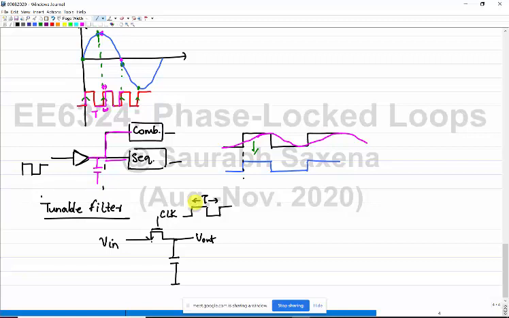What you are going to find is that depending on the time period of this clock, V out by V in is going to have a certain bandwidth.